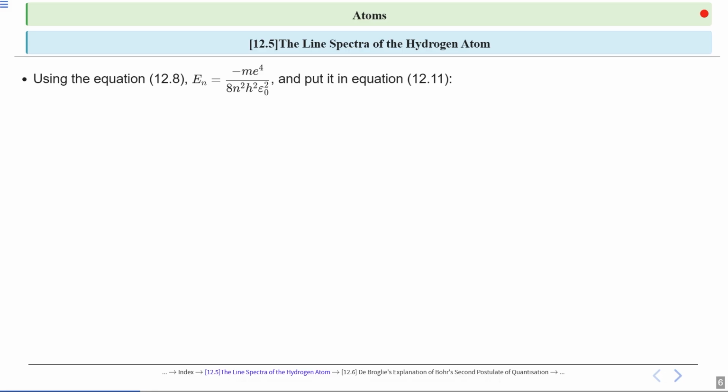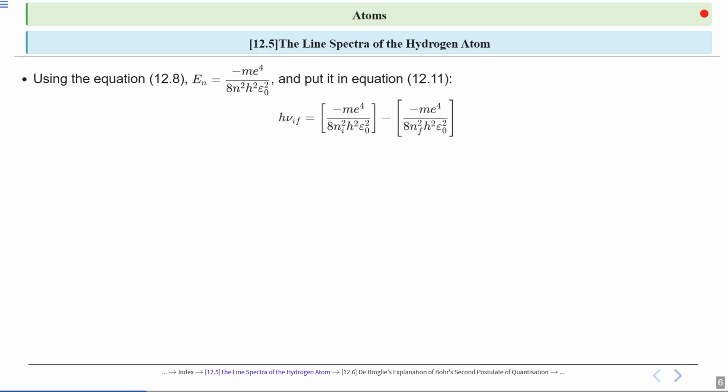Here m is the electron mass in kilograms, e is the elementary charge in coulombs, n is the principal quantum number, just a positive integer, h is Planck's constant in joule seconds, and epsilon naught is the permittivity of free space in farads per meter. We will use this equation and substitute it into another equation 12.11 to see how energy changes when an electron moves between orbits.